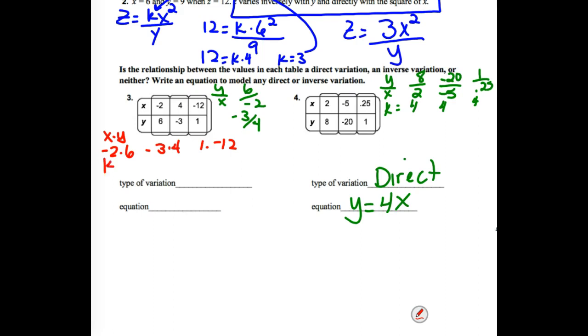So that means k has to be -12, and it is fitting that inverse type variation. So my equation then would be y equals -12 divided by x.